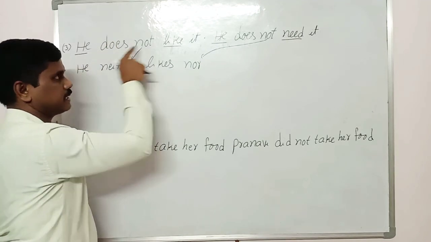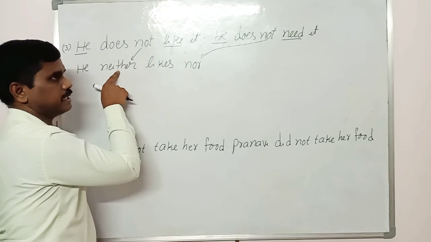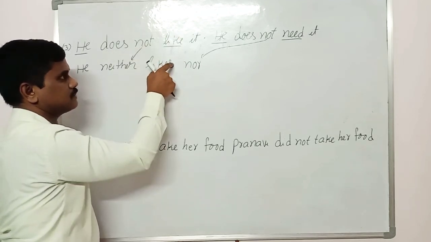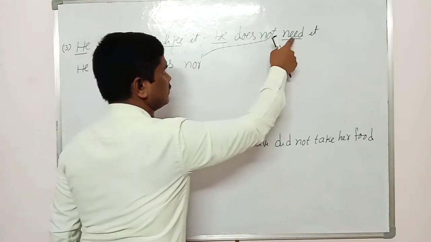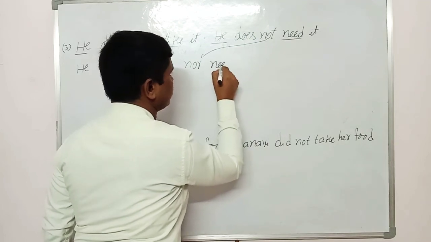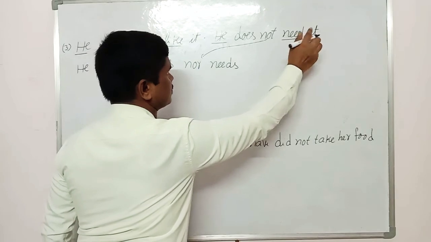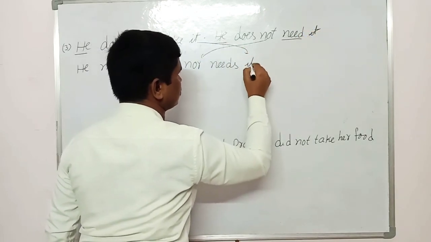First write the subject, cancel one subject. Next, the verbs are different. Begin with neither, negative neither. Does like changes to likes. This negative word changes to nor, and here need, does need changes to needs. And for this object, cancel the second object and write the first object here.